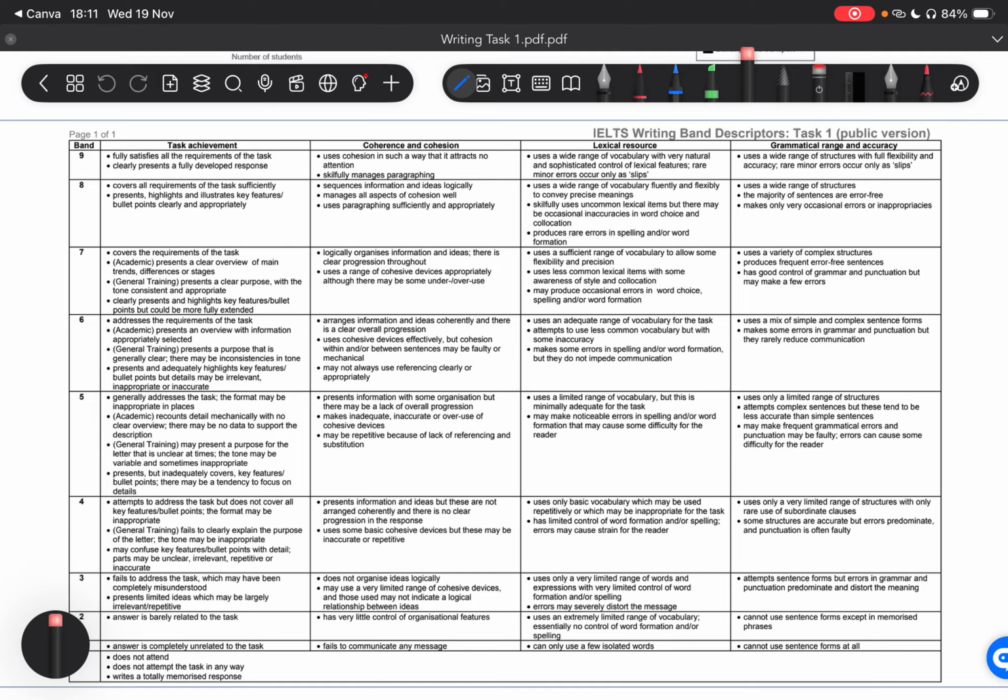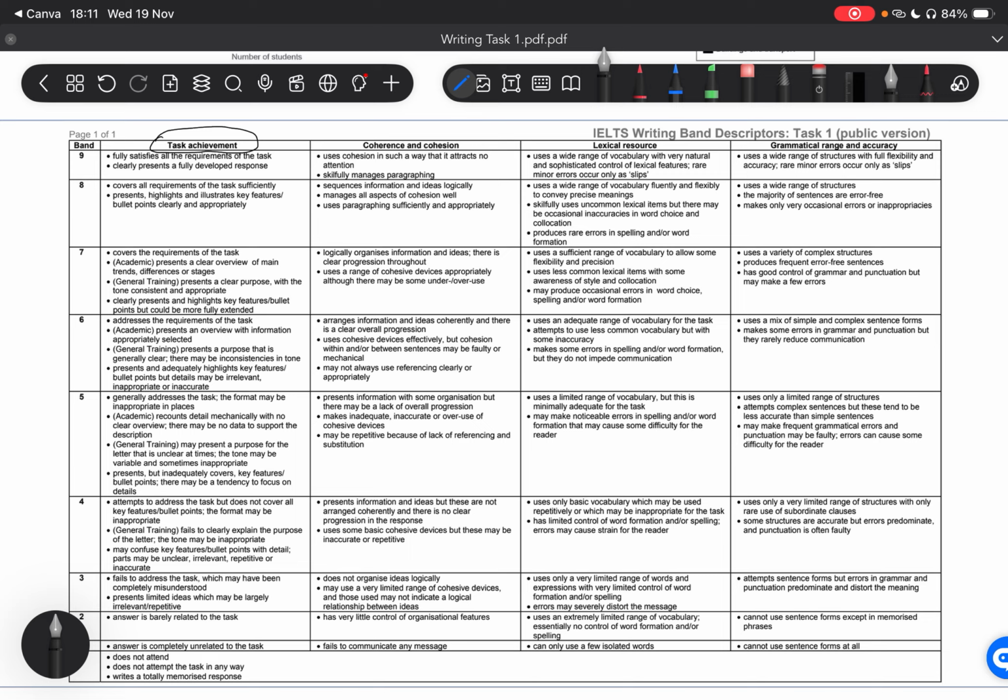For example, if your aiming score is 7, you read the task achievement criterion. So you will be assessed based on 4 criteria.